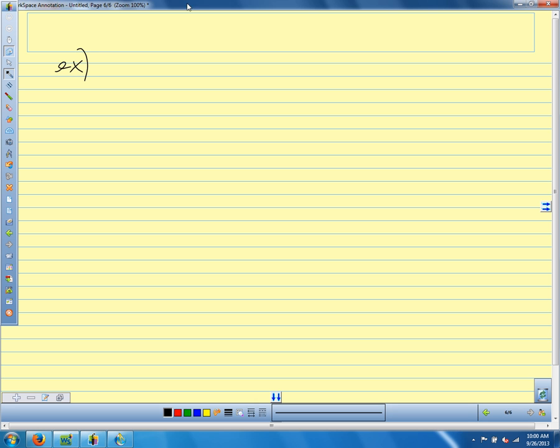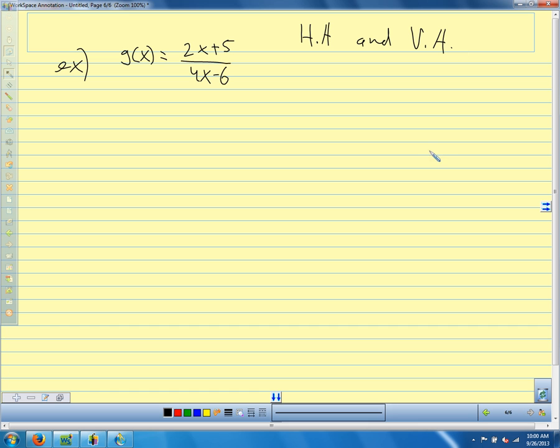2x plus 5 over 4x minus 6. And we want to find our vertical and horizontal asymptotes. So which one do we want to find first?